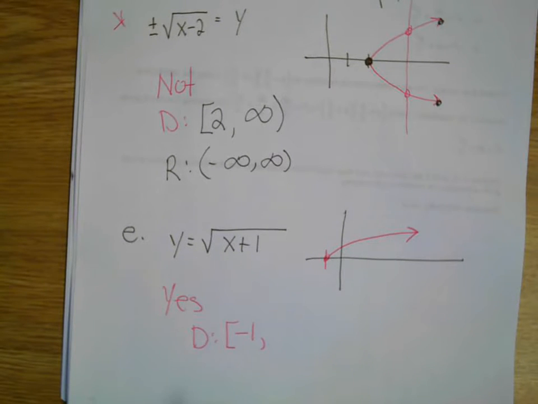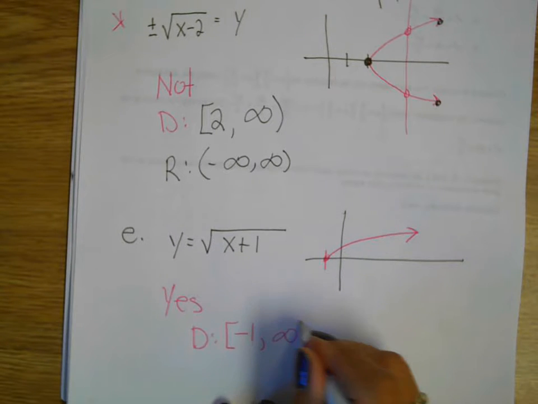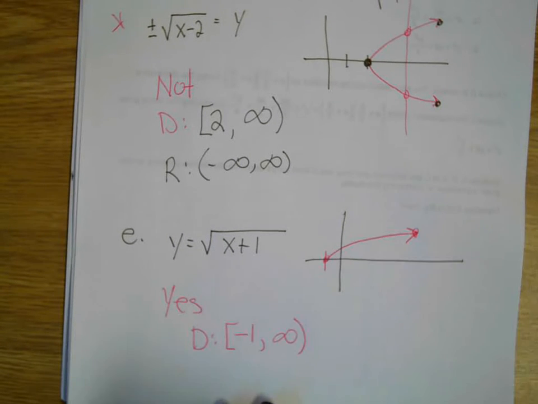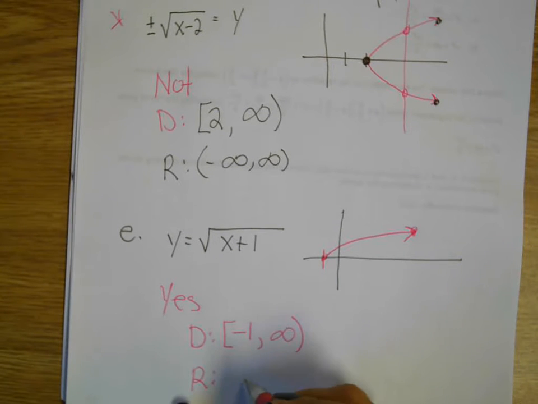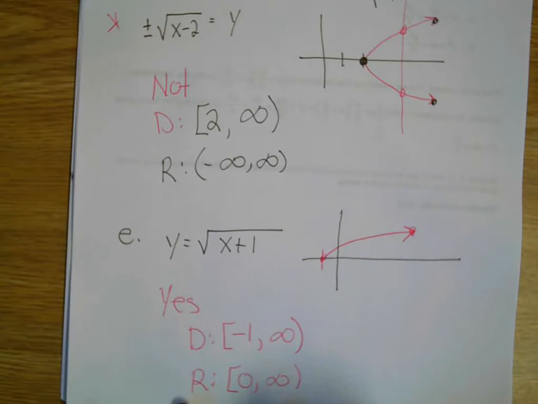How far to the right is it going to go? Infinity. I'm on an arrow. Arrows are infinities. Range. Low to high. Caden. 0. 2. Perfect. Square there, rounded there.